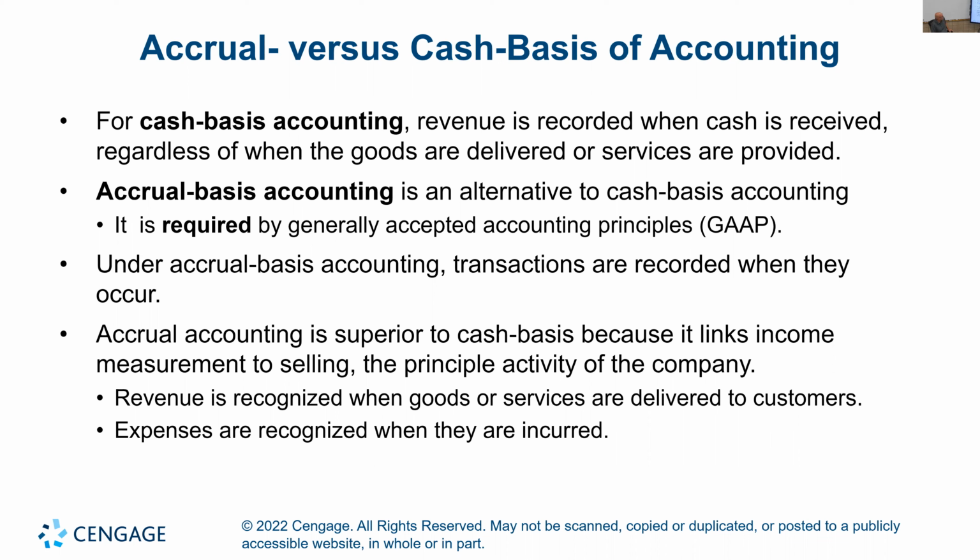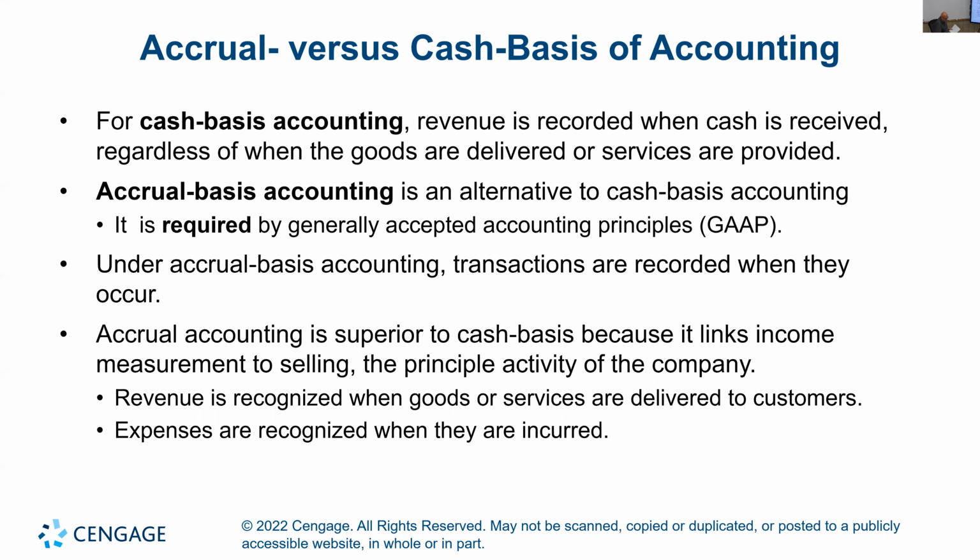Accrual-based accounting is an alternative to cash-based accounting, and it is required by US GAAP. So that's what we're going to be learning. Under accrual-based accounting, transactions are recorded when they occur, regardless of when cash changes hands. And that is our revenue recognition principle and our expense recognition principle.